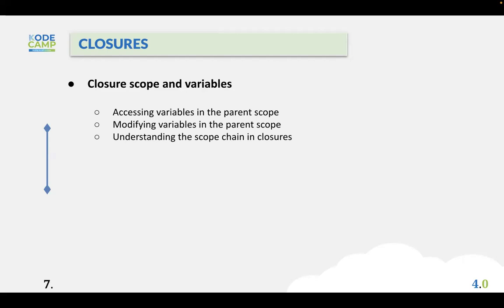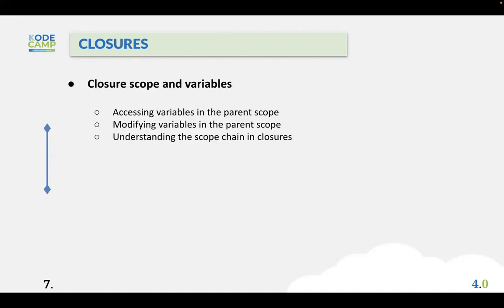We've been accessing and modifying parent scope variables, but we didn't know that is what we've been doing. So I will show you that this is what you've been doing, then we'll understand the scope chain, and from there move to the next item on the list.